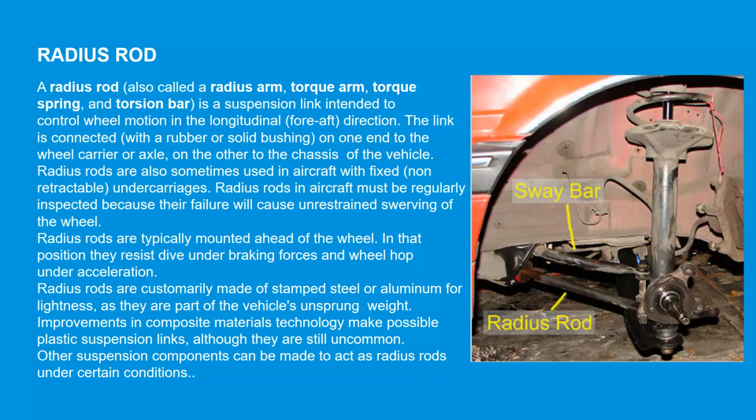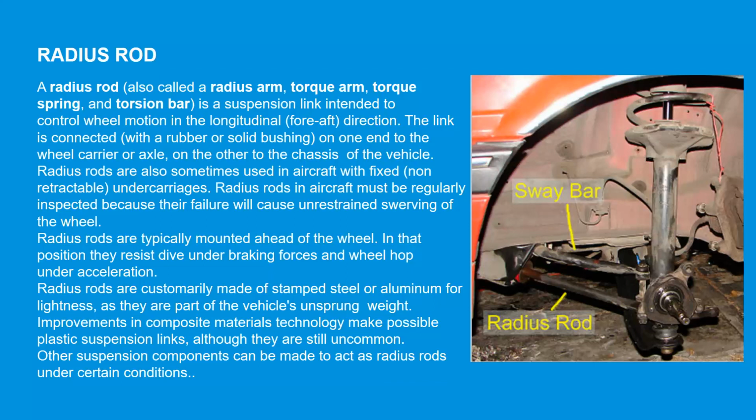However, you need to find a replacement radius rod first before the installation job. To help you find the radius arm for your car, follow some practical tips. First, find out which type of radius rod in your car needs to be replaced. Second, choose a radius rod that is made of high grade material.